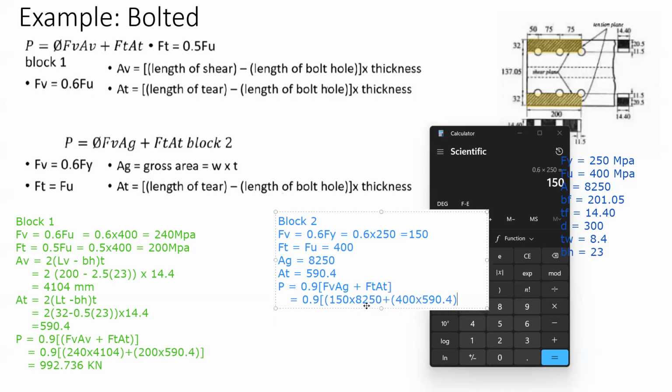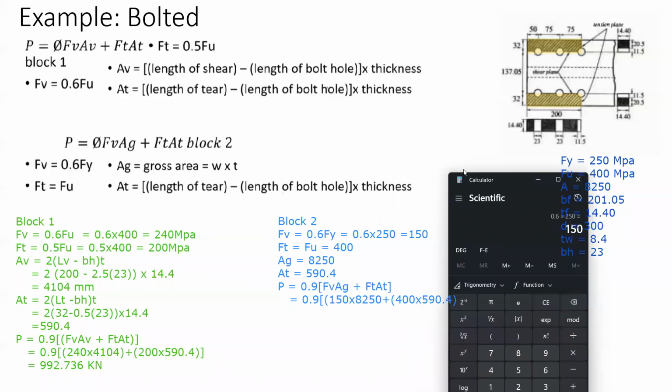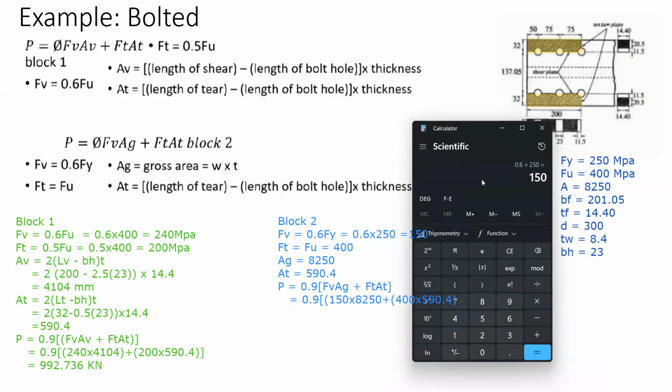Okay, and to get our block shear, this would now be equal to 0.9 times 150 times 8250 plus 400 times 590.4. And the answer would be 1326.294 kilonewton.